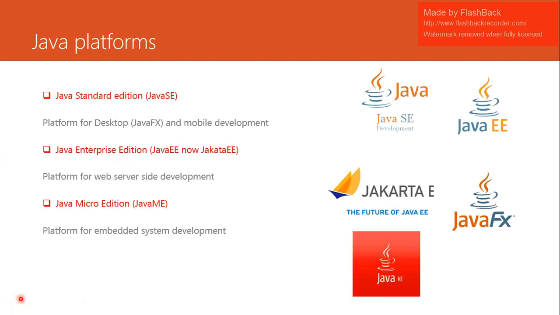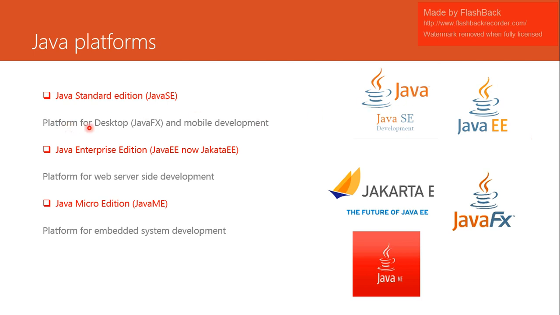Now, Java platforms. Java as a programming language can be used on various platforms. There are about 3 to 4 platforms. Java Standard Edition platform, commonly called Java SE, and you can see this logo here.